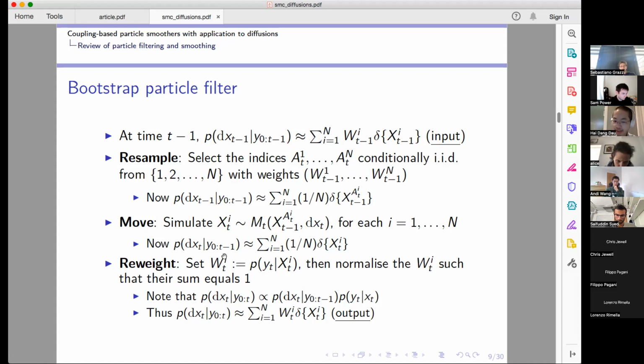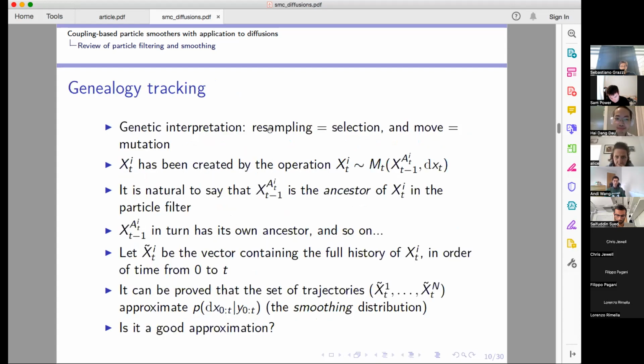Here you have an approximation of this term, and you multiply by the likelihood, and that's why at the end this sum of W_t^i Dirac at H_t^i is an approximation of the distribution of H_t given Y_{0:t}. So at the input you have an approximation of the filtering distribution at time t-1, at the output you have an approximation at time t, and you continue like that until the end.